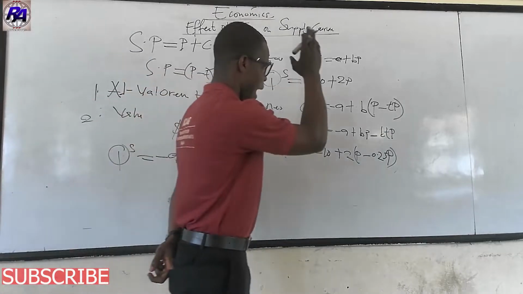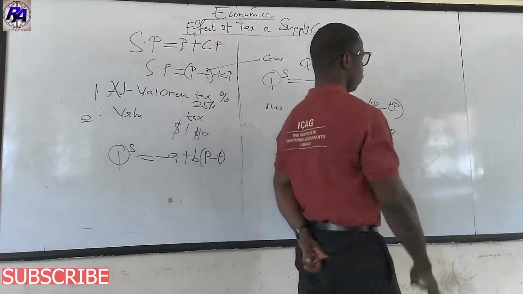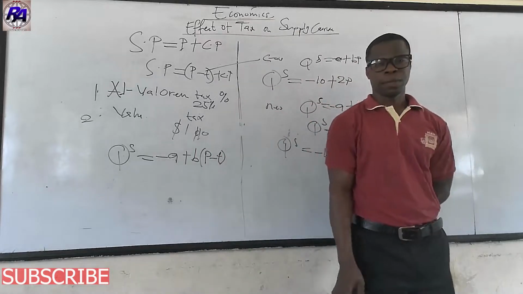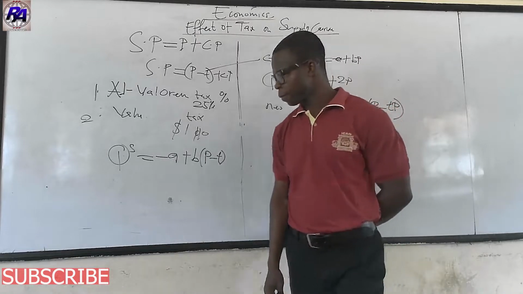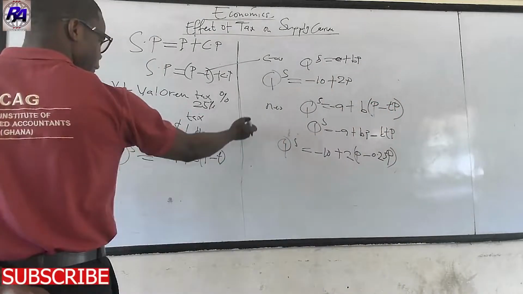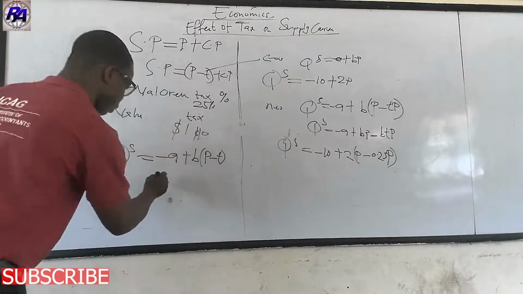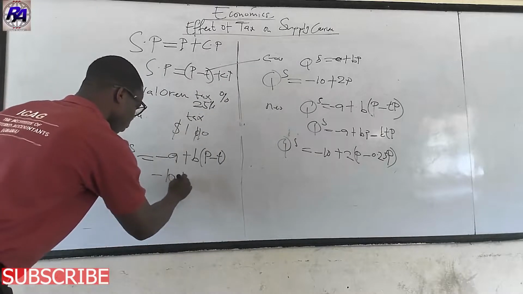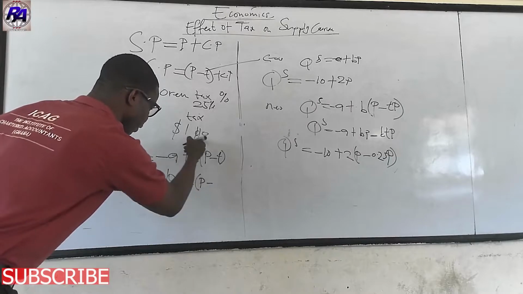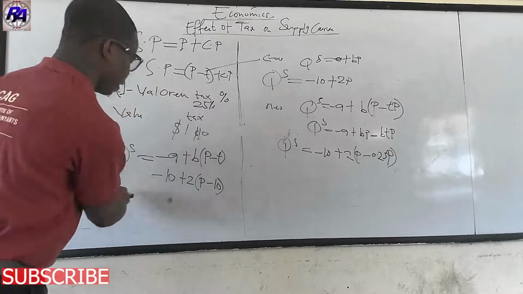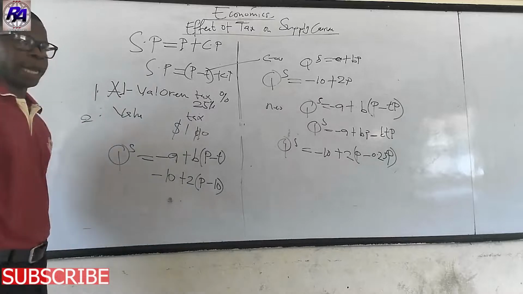If it is ad valorem, then we are going to use the other function. That is the main difference. So if you are dealing with this function here, we are going to have negative 10 plus 2 into bracket P minus, let's say it is 10, minus 10. So we expand it to get your new supply curve.